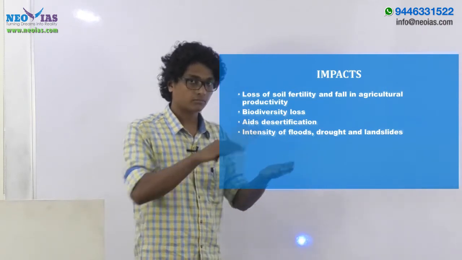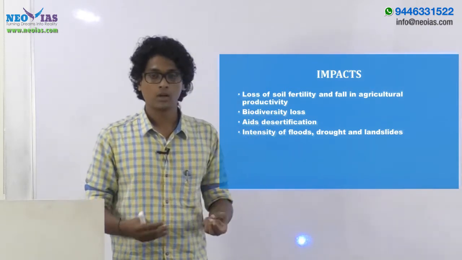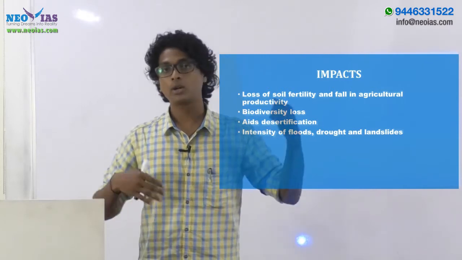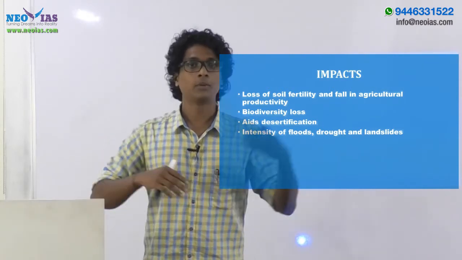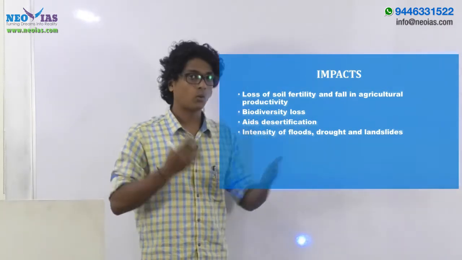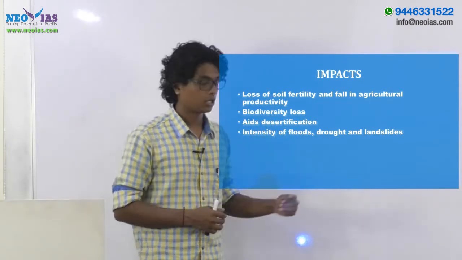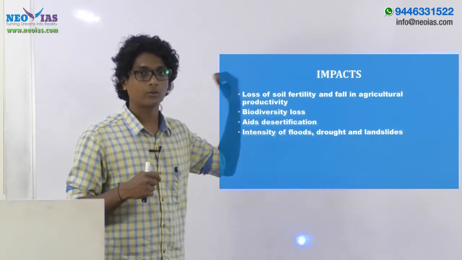If the topsoil is getting eroded away, or if the topsoil is getting saline, water percolation into the ground will be very low. So during the monsoon, if we have a heavy downpour, sudden flash floods will occur, and if the groundwater is not getting replenished, it can result in drought conditions. So these are the important impacts related to soil degradation.